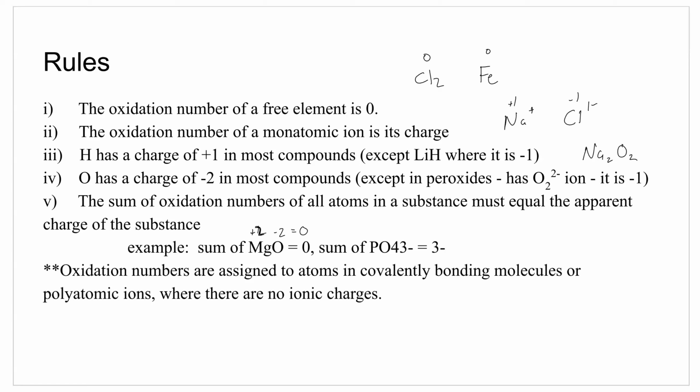If we have a phosphate ion, PO4 3-, we have to have an oxidation state balance. So oxygen has a -2, which is -8 for your total oxidation state, and therefore phosphorus must have +5, because +5 and -2 times 4, -8, makes -3.